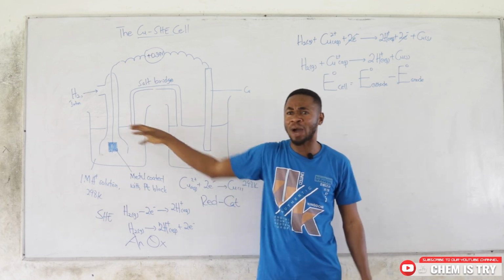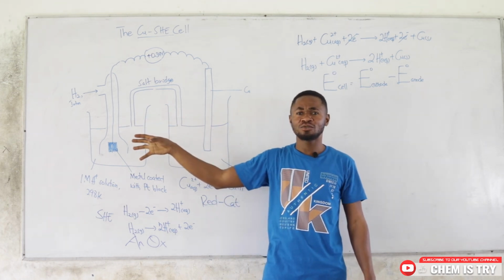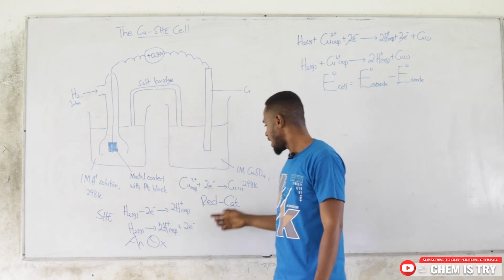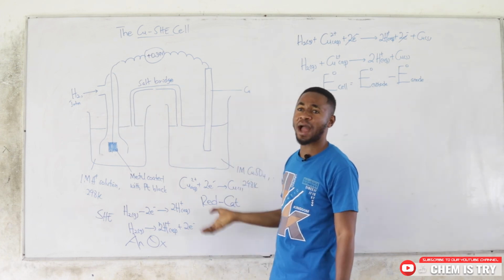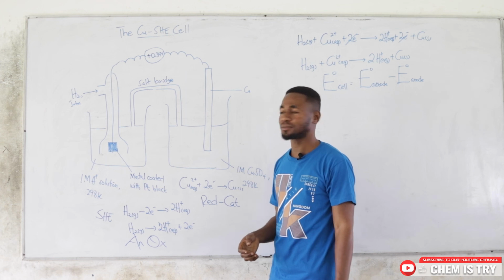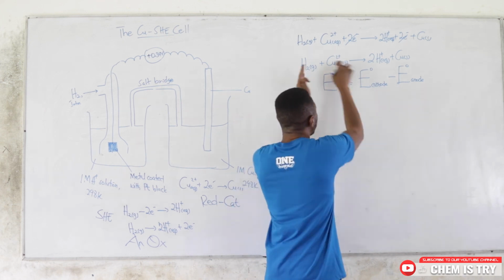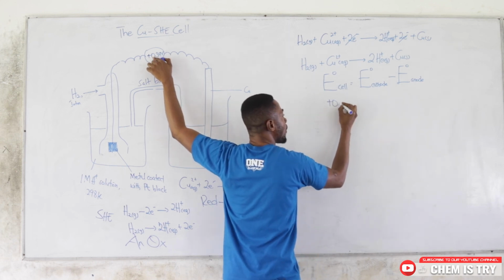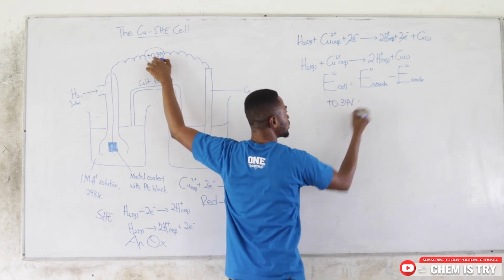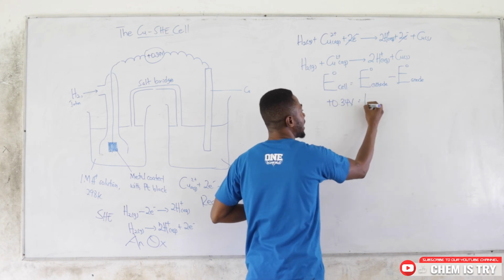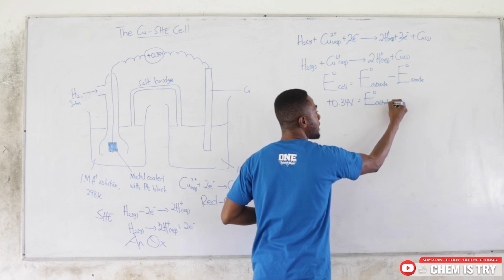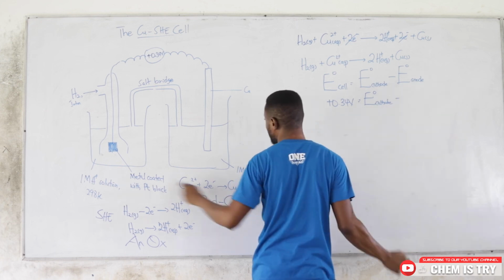And from our hookup, from our connection, we realize that the anode is the SHE and the cathode is the copper compartment. So, our total EMF was originally recorded as positive 0.34 volts, and it's giving us the standard electrode potential of the cathode, which we are looking for, minus that of the anode, which is the SHE.